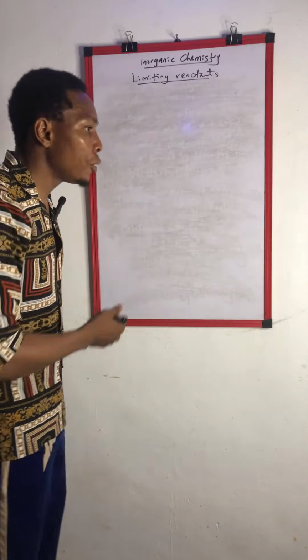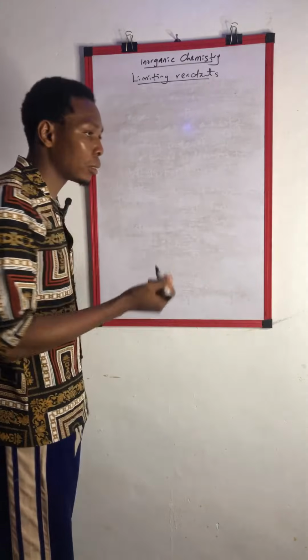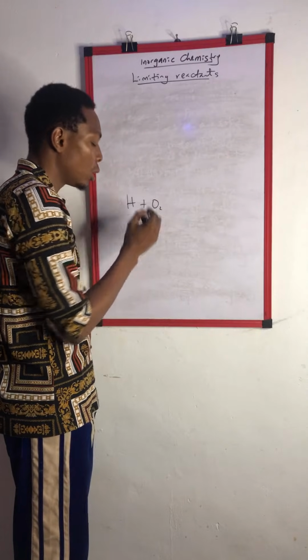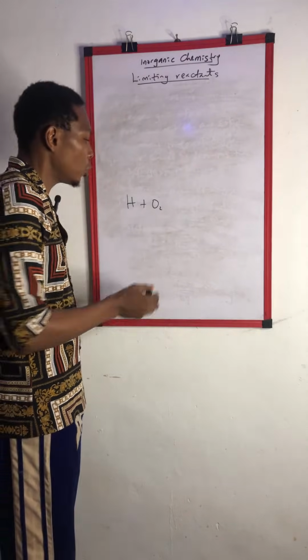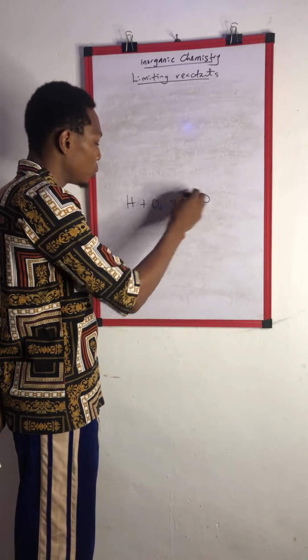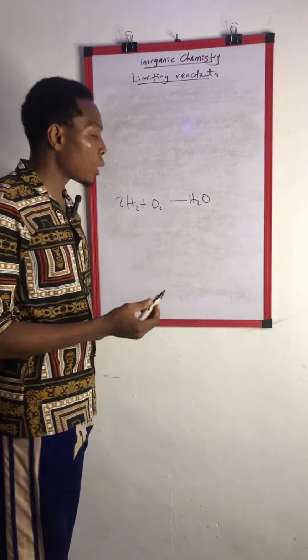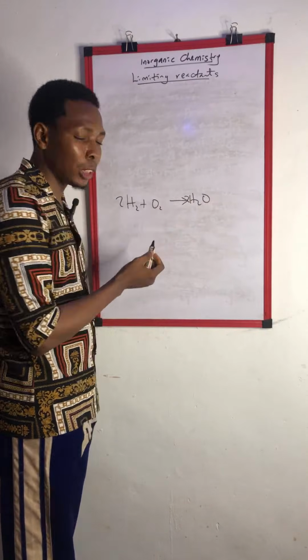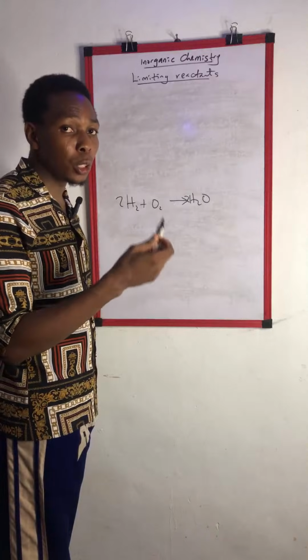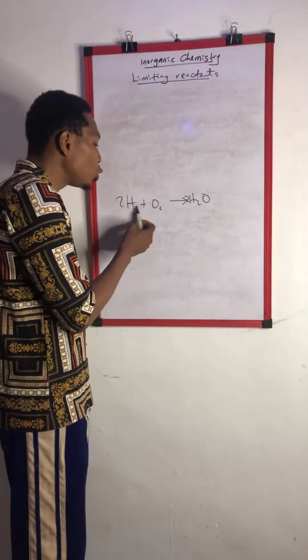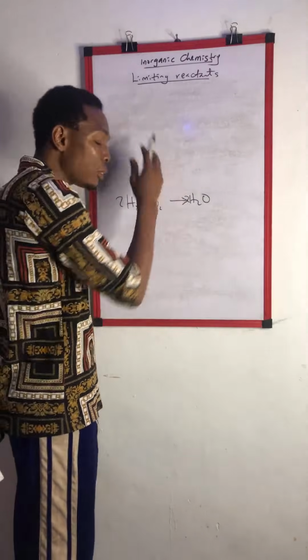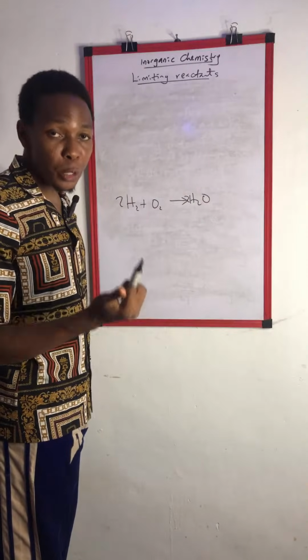If you have two reactants, let's say hydrogen and oxygen to give us H2O, between hydrogen and oxygen, one of them is being used up first. The one that is used up first is known as the limiting reactant or limiting reagent.